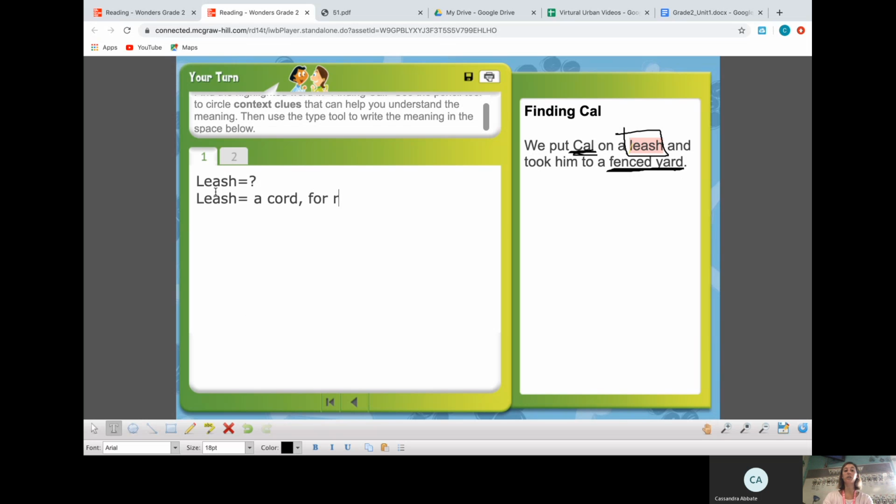Maybe it's for restraining or keeping something back. Okay, restraining or keeping something back. Well, I won't say keeping something. We'll say dog, right? Because in this sentence, we know that Cal's a dog. A cord for restraining or keeping a dog.